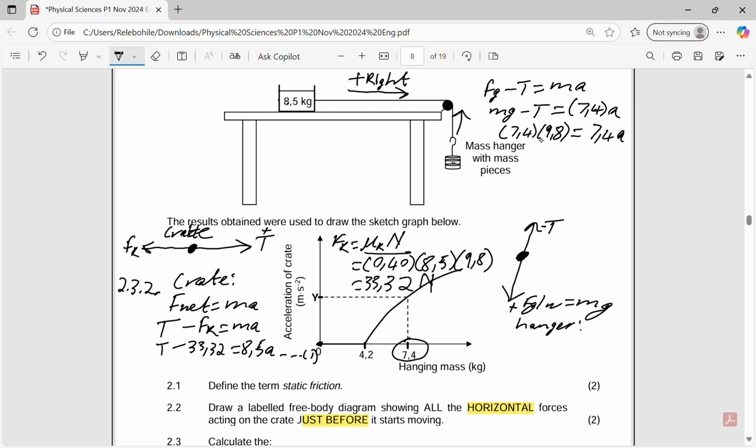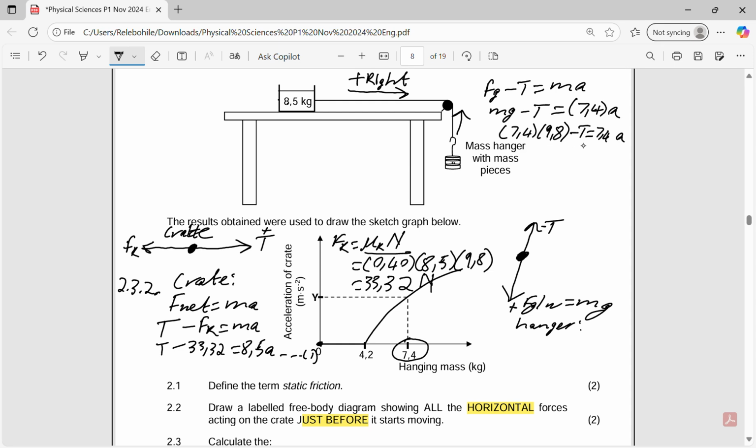After here, guys, what do you think we should do? There's something I missed. Please excuse me, I forgot to put our tension. So we will have this minus T, which will be equal to 7.4A. Then from there, we are going to solve for something. What are we solving for? We are solving for acceleration. So now that I have two equations, remember this is my first equation.